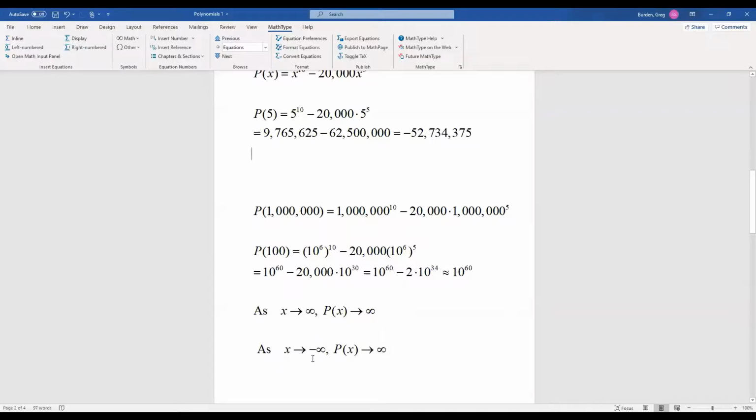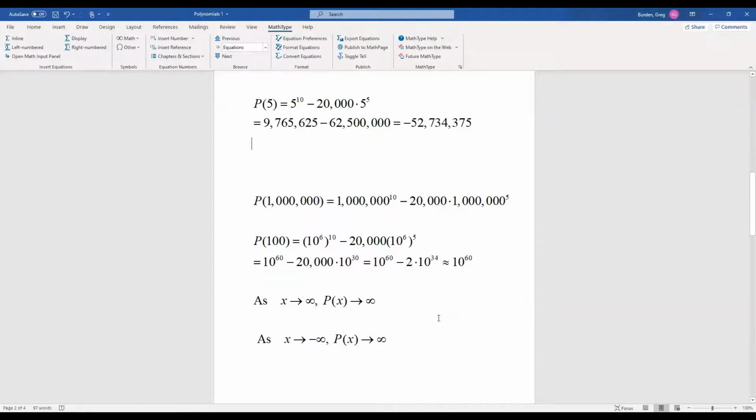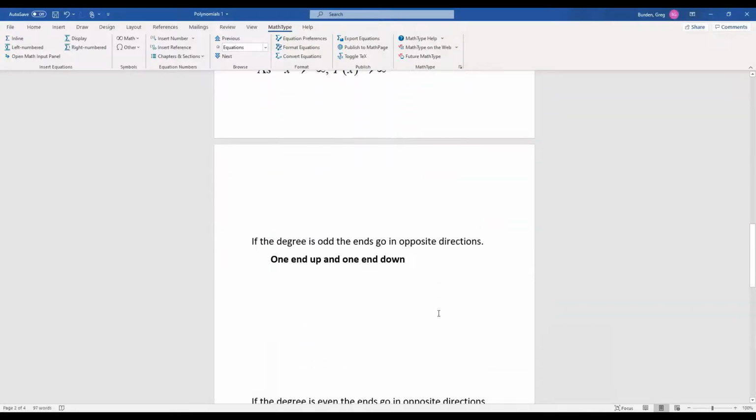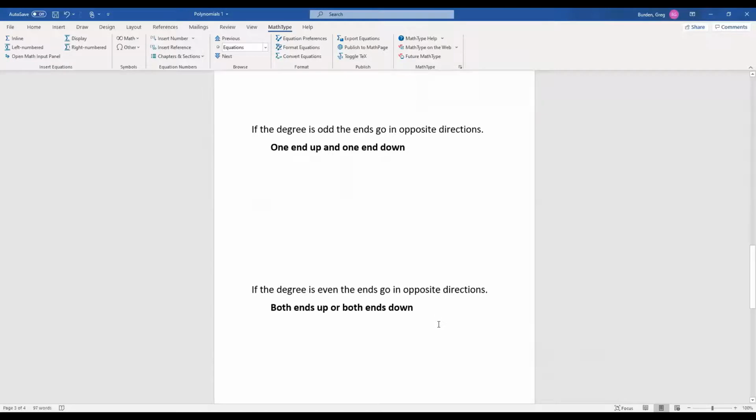As x approaches -infinity, if we're reading the graph from right to left, going to the left, P of x is approaching infinity, well, again, it's going up. This can actually be formalized into a couple of simple statements.